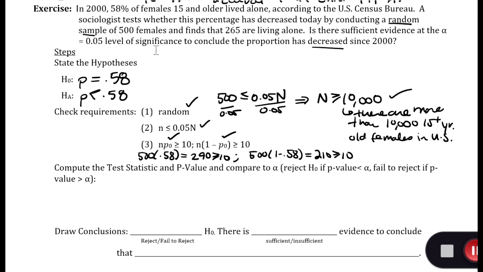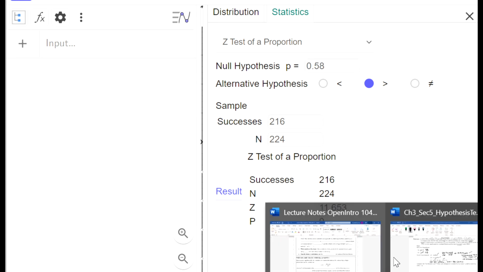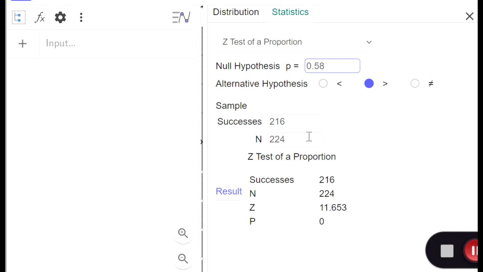So again, we're going to go to GeoGebra. And our p was 0.58. That's our null hypothesis, that our proportion was equal to 0.58. Our alternative was that we were less than 0.58, so we had to change to less than. And for the number of successes, we had 265 out of 500.